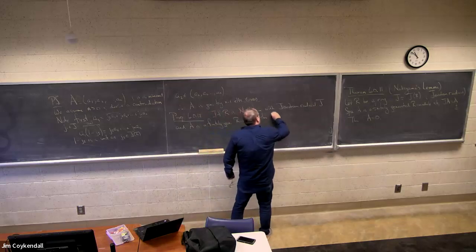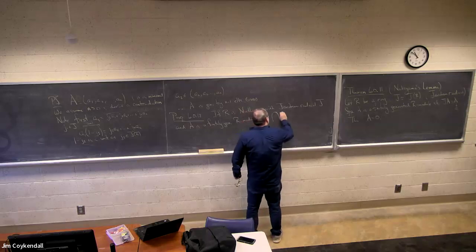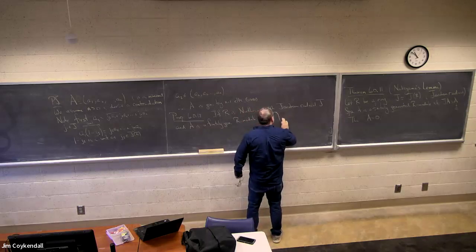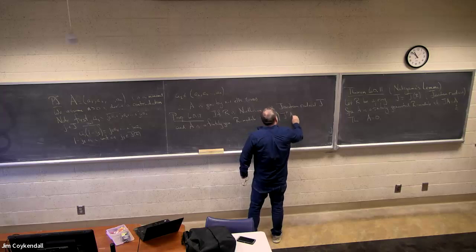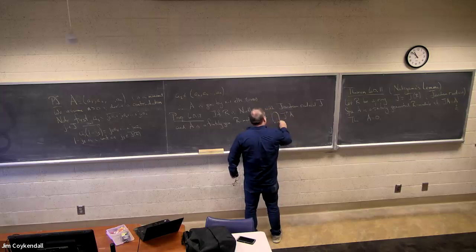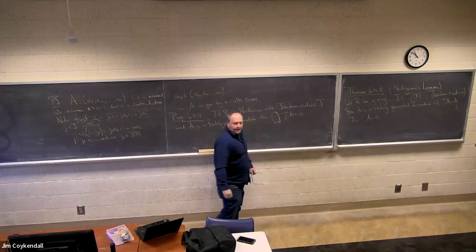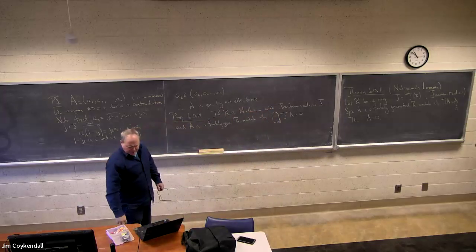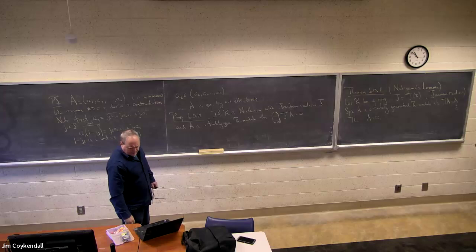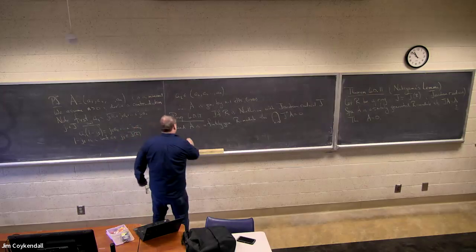Then the intersection of the J^n A is equal to 0. Proof.